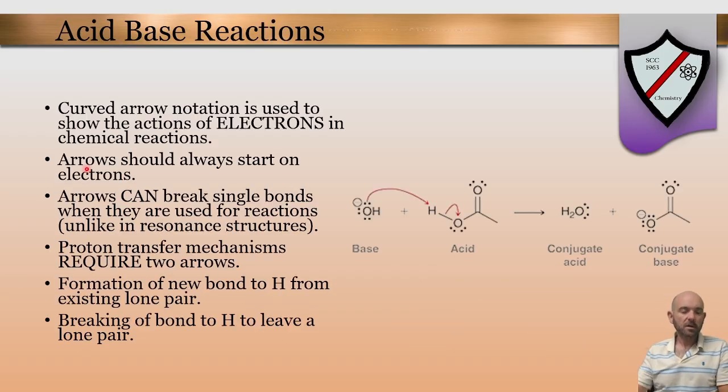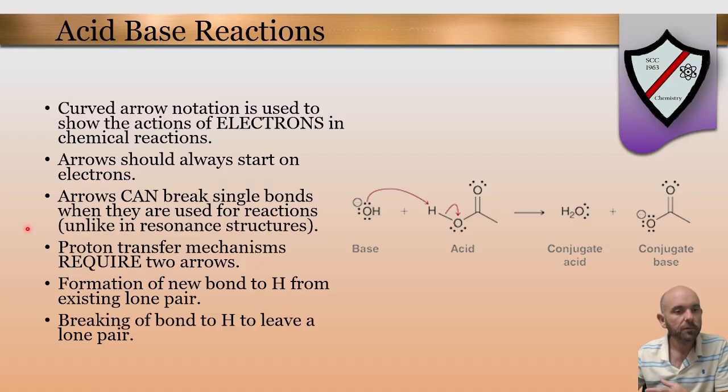So here we're going to take the opportunity, when we're talking about acid-base reactions, to talk about how curved arrow notation is used in chemical reactions to show the mechanisms of reactions, and specifically it shows the actions of electrons in our chemical reaction pathways. These are very much like the curved arrows that we used in drawing resonance structures.